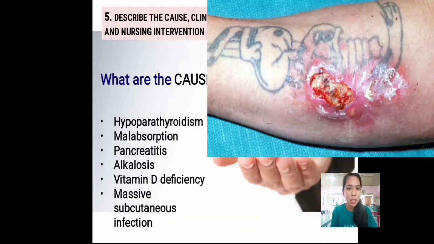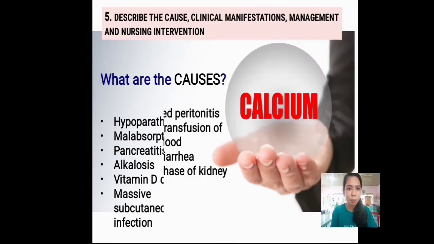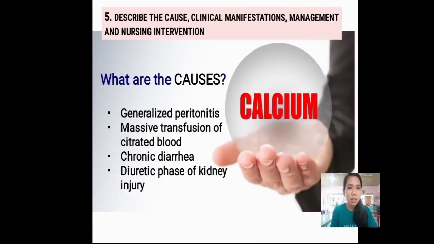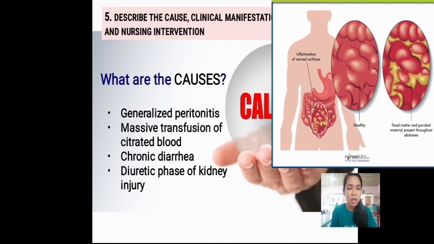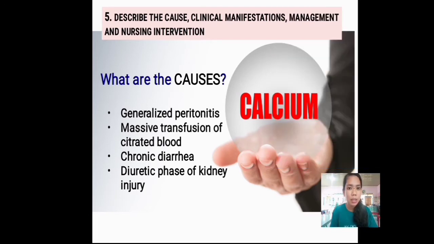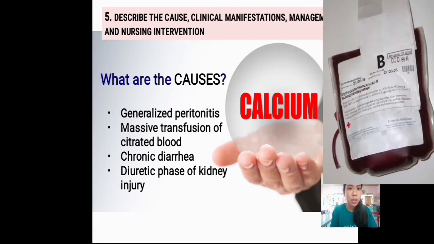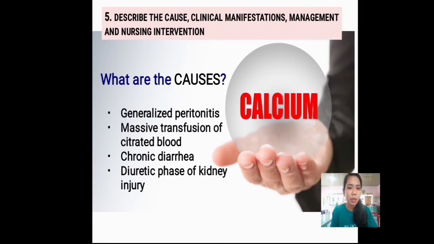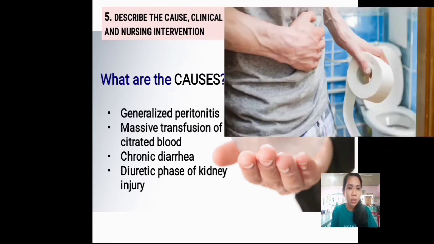Then, massive subcutaneous infection. Other causes is generalized peritonitis, the swelling or the redness of the lining of the intestine. Next is the massive transfusion of citrated blood, wherein the citrated solution combined with the ionized calcium can temporarily remove it from the circulation. Next is chronic diarrhea, which is the recurrence of feces in the form of liquid.